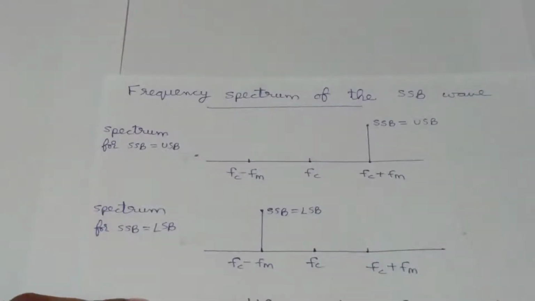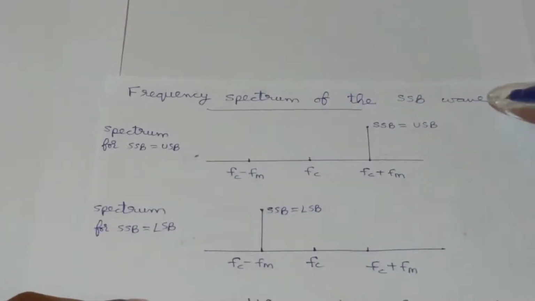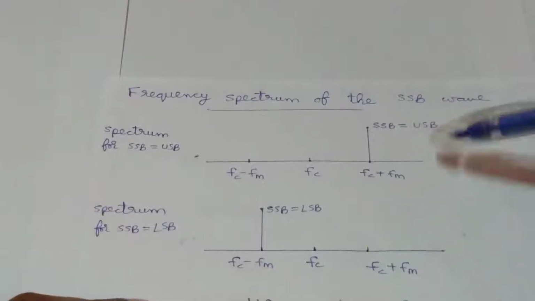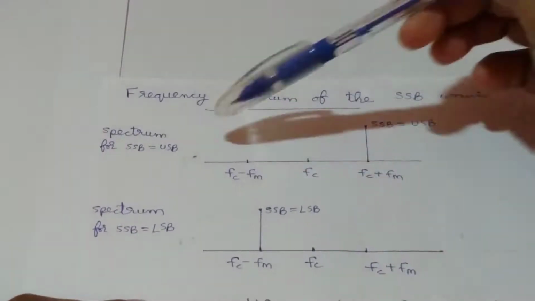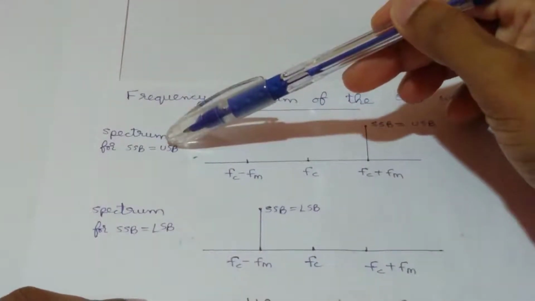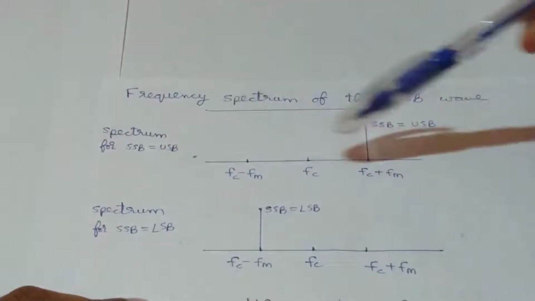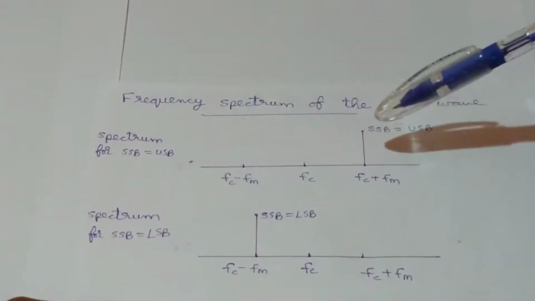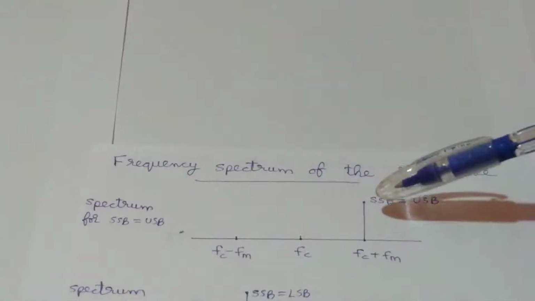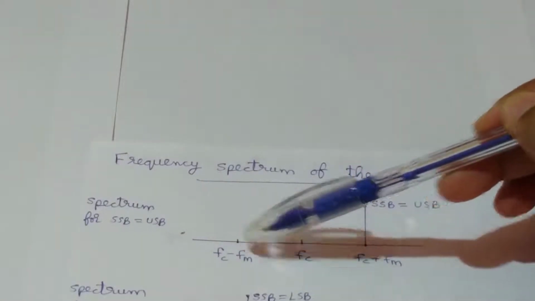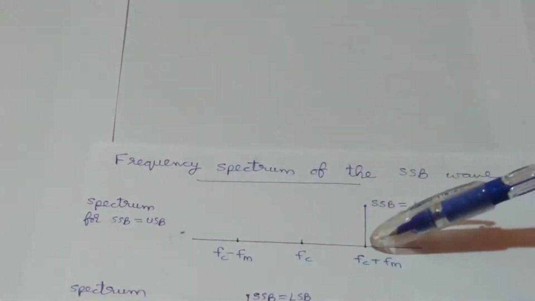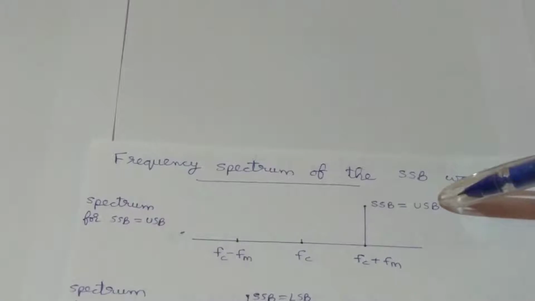Let's now consider the frequency spectrum of the single sideband wave. These two figures represent the frequency spectrum of the single sideband wave. If we are choosing the upper sideband component for the transmission, then the frequency spectrum of the SSB wave will be like this. Here the carrier component and the lower sideband component are suppressed, and we are transmitting only the upper sideband component.